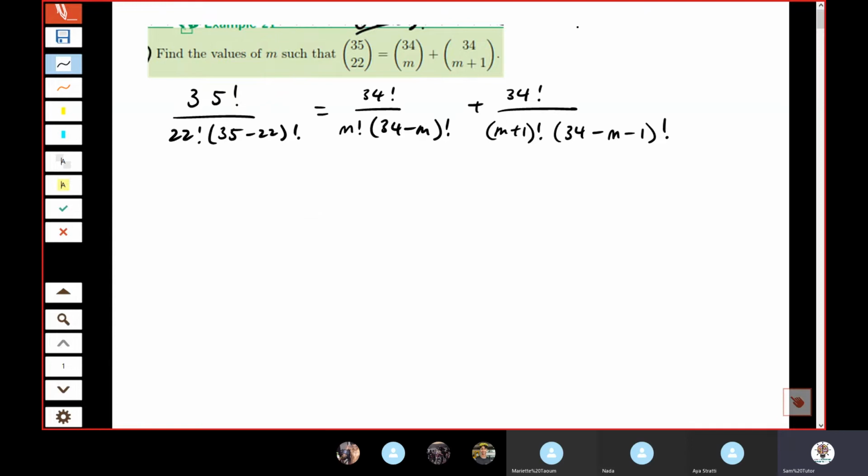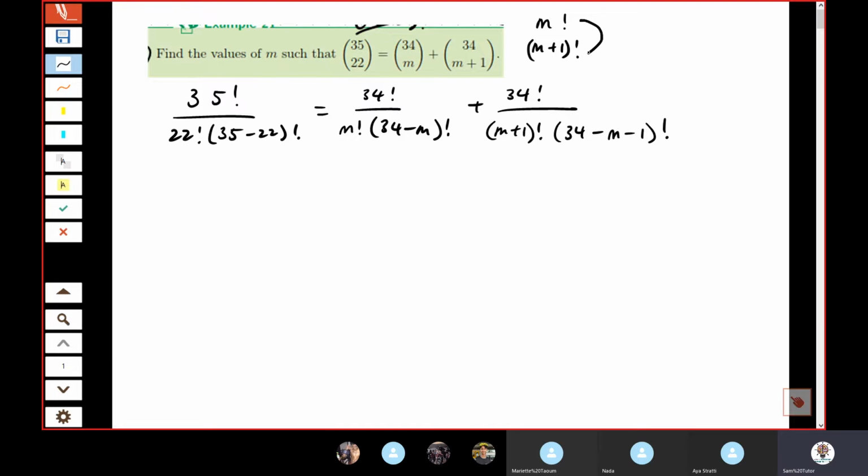Now, the next step, what you've got to think about, and it's a really important skill for factorials, is that if I'm just going to compare these two for a second, m factorial and m plus 1 factorial, which one am I going to reduce to the other? It's really important to know that.